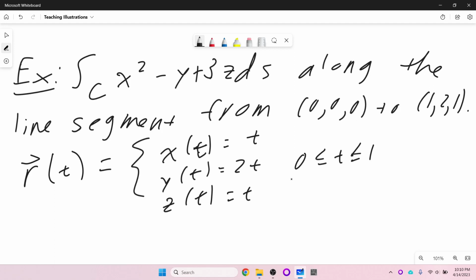So that's a path. We're going from time 0 to 1, if we pretend that's this line segment. So we know what to plug in.